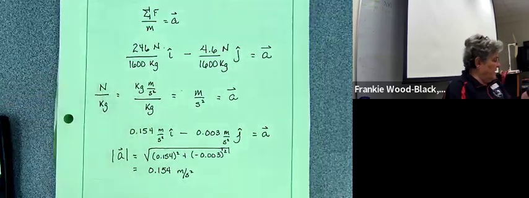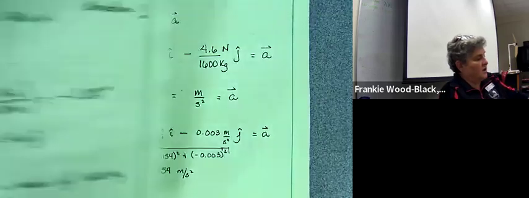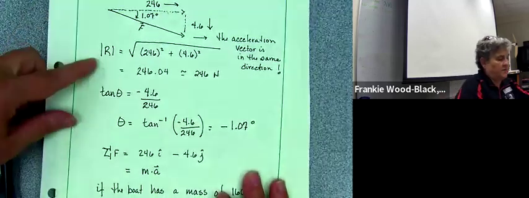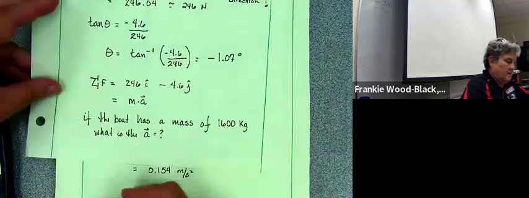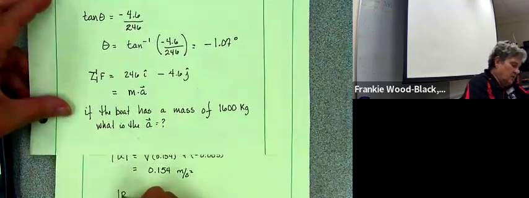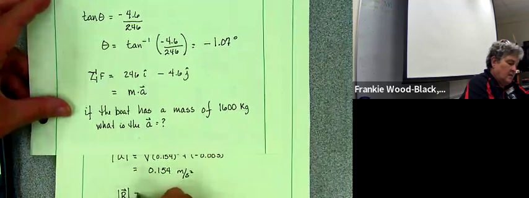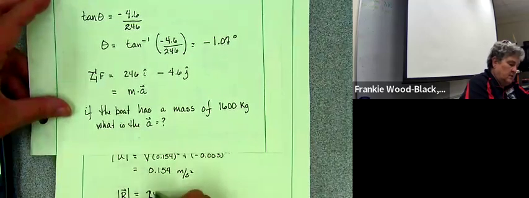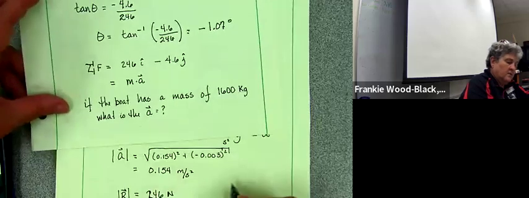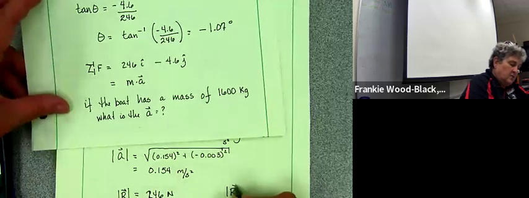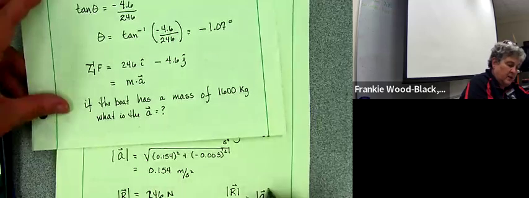But we could have done the same thing because we had our resultant vector, right? Our resultant vector is this. The magnitude of our resultant vector, that was the force, was 246 newtons. So if I take the magnitude of that resultant vector divided by the mass, that's going to give me the magnitude of my acceleration vector.